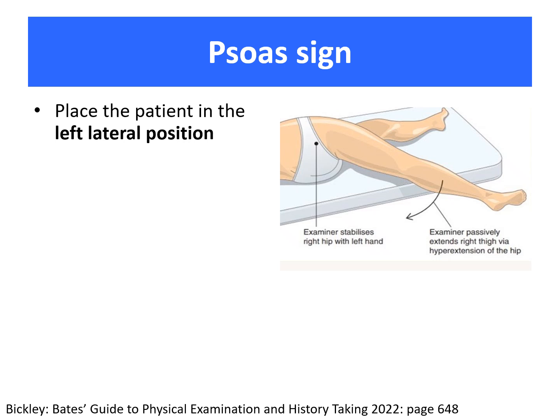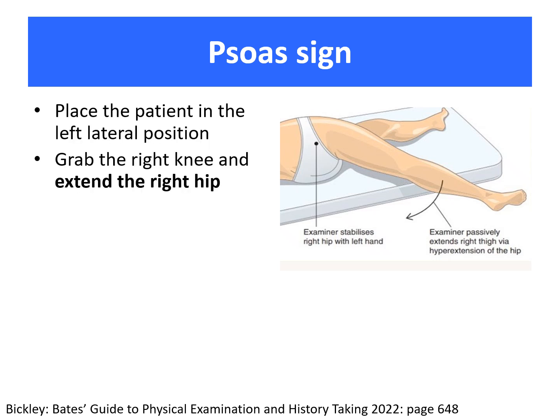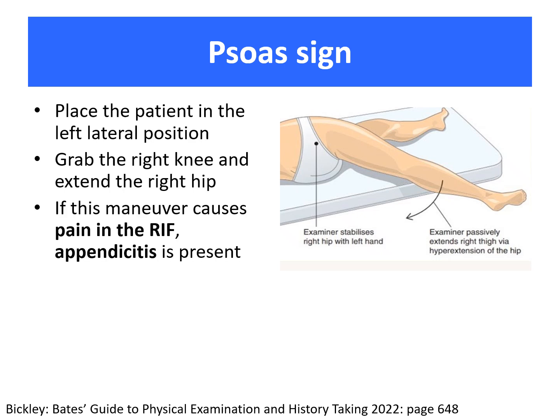You're going to put the patient in the left lateral position. You are going to grab the right knee with your right hand. You're going to put the non-dominant hand on the hip to stabilize the hip. You're going to extend the right hip. And if this maneuver causes pain in the right iliac fossa, appendicitis is present.